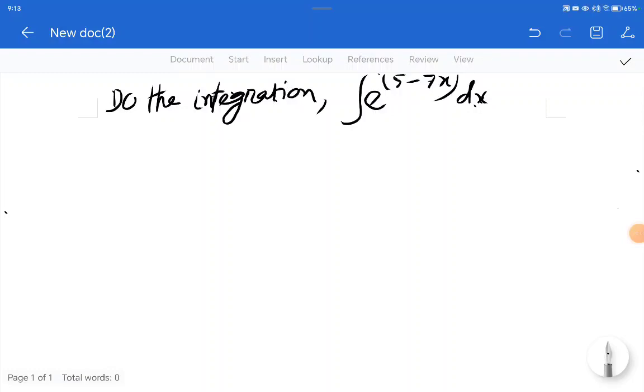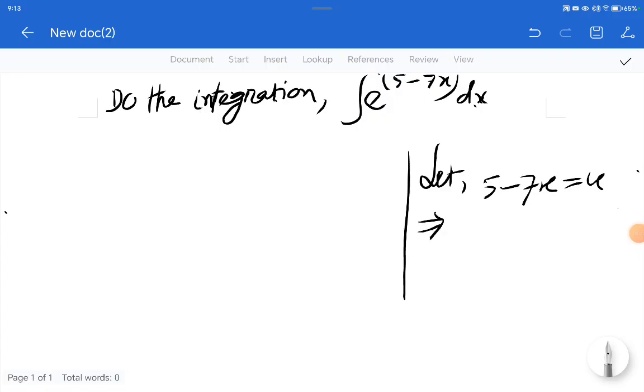An integration math we are going to do. To do this math, let 5 minus 7x equals u.